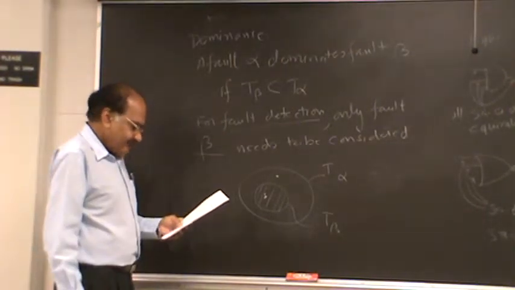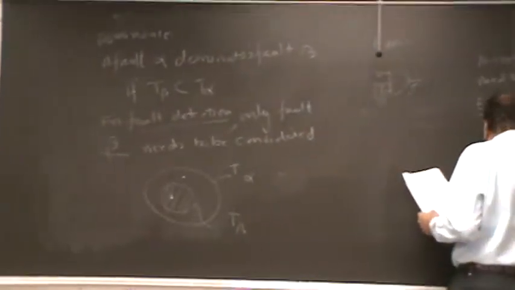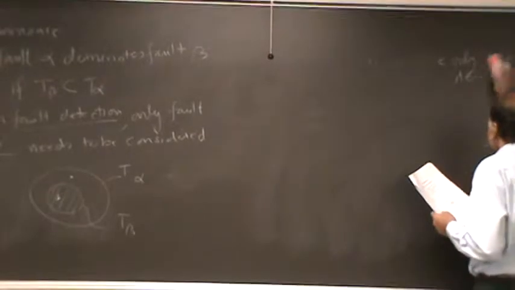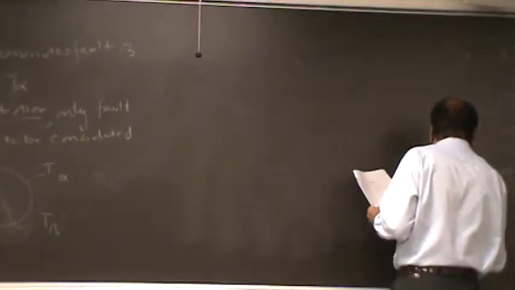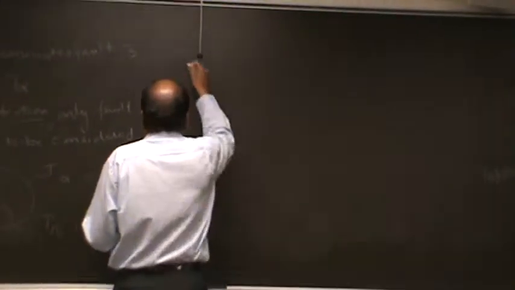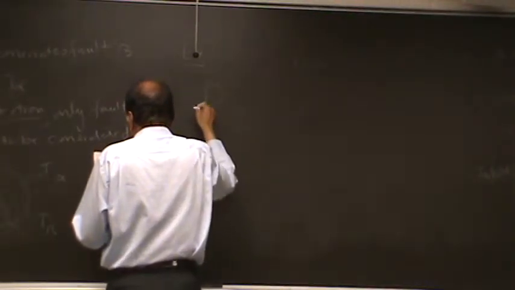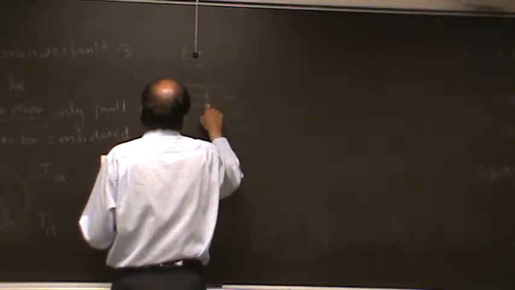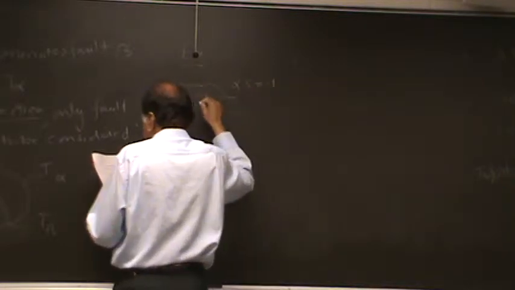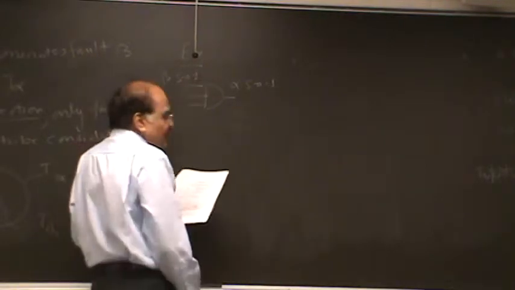So let's look at an example. Here we have two faults, alpha and beta.